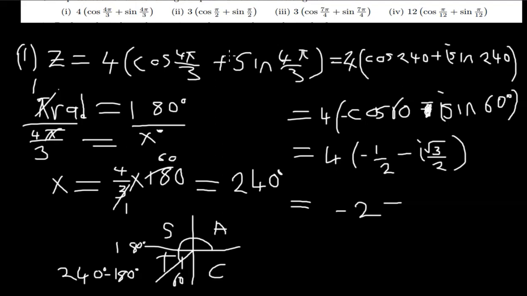I don't know why I'm forgetting to put this I. Okay, so it is going to be negative 2, negative, let me do this. When you multiply this times that, you're going to have 2 root 3. Then you put the I outside there or in front, whichever way you prefer, as long as you know what you're doing.